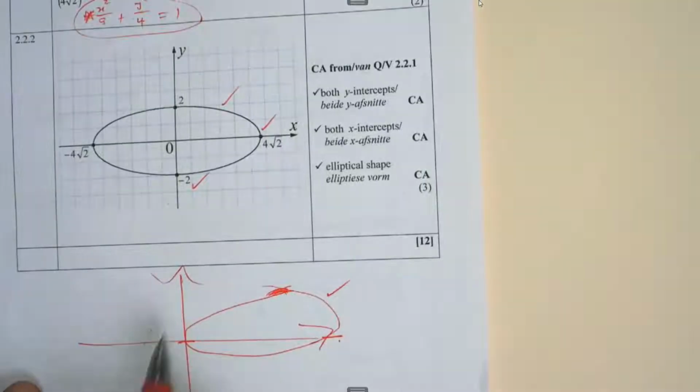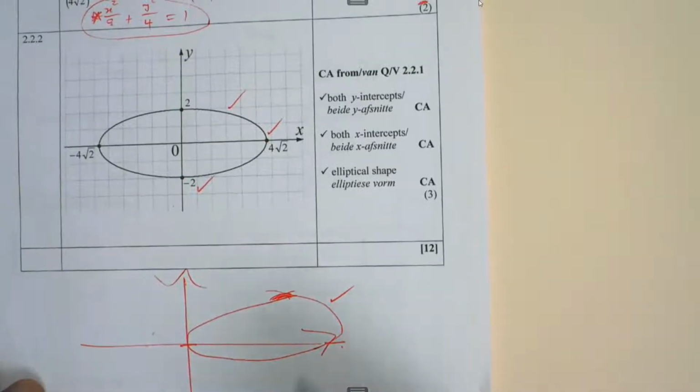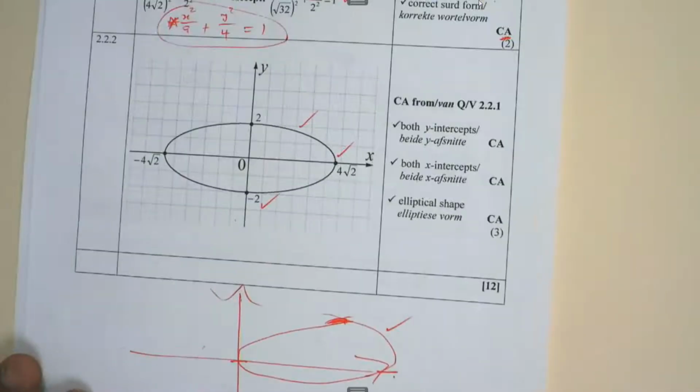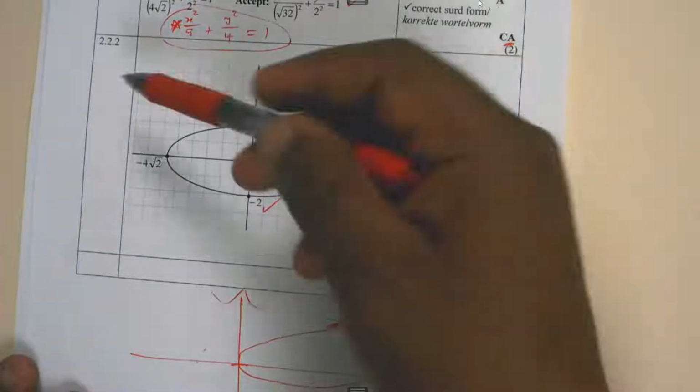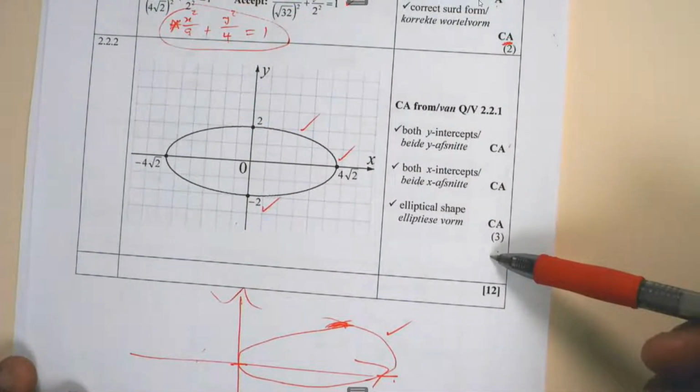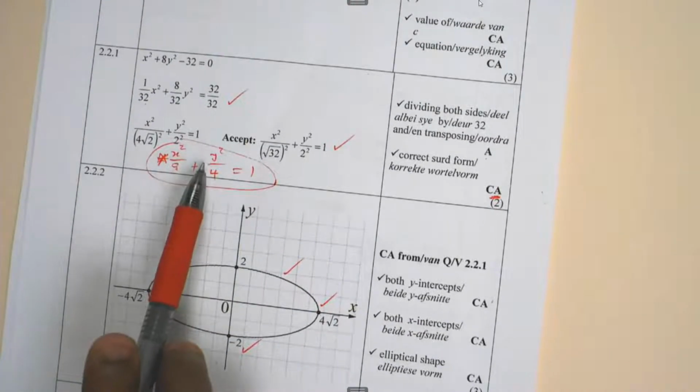Look at the shape, colleagues. You give a mark for an elliptical shape irrespective of where it cuts. Therefore, in 2.2.2, 3 marks, like I indicated, all marks are consistent accuracy marks based on the answer obtained in 2.2.1.